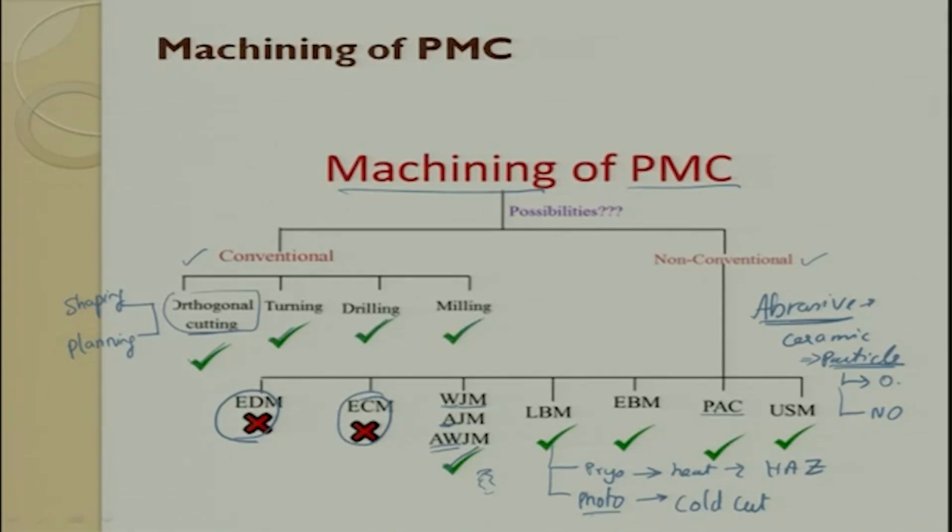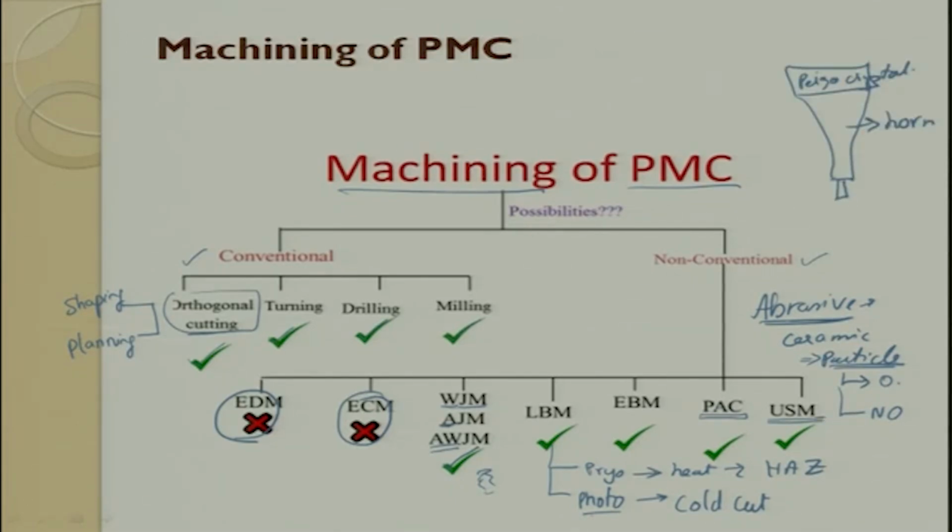One is the plasma in which the workpiece is also involved in closing the circuit. In the other plasma, within the nozzle itself they have closed the circuit. So, those plasmas can be used for machining polymer matrix composite. However, it has a very high heat, so we try to avoid using plasma arc welding.